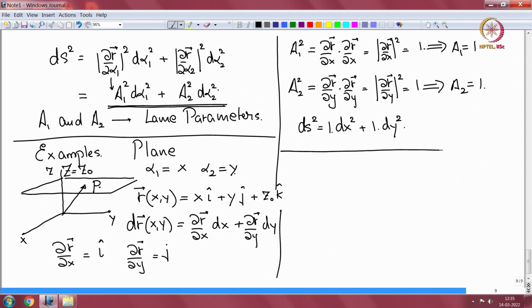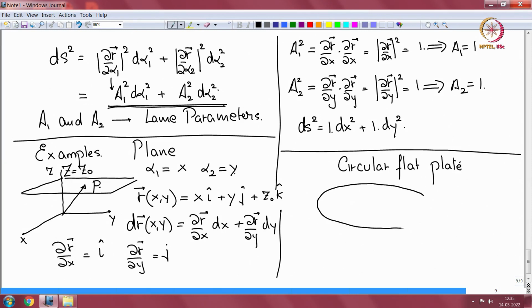Next example, let us take a circular flat plate. So this is my circular plate, this is my center.